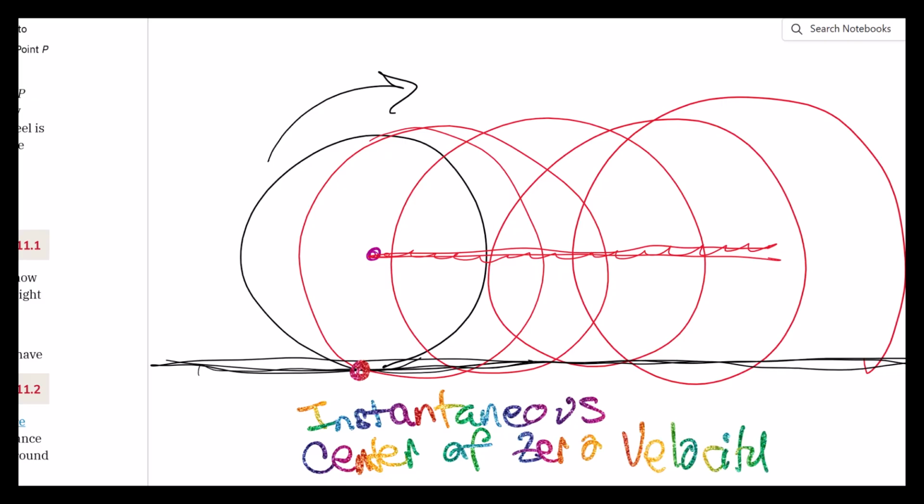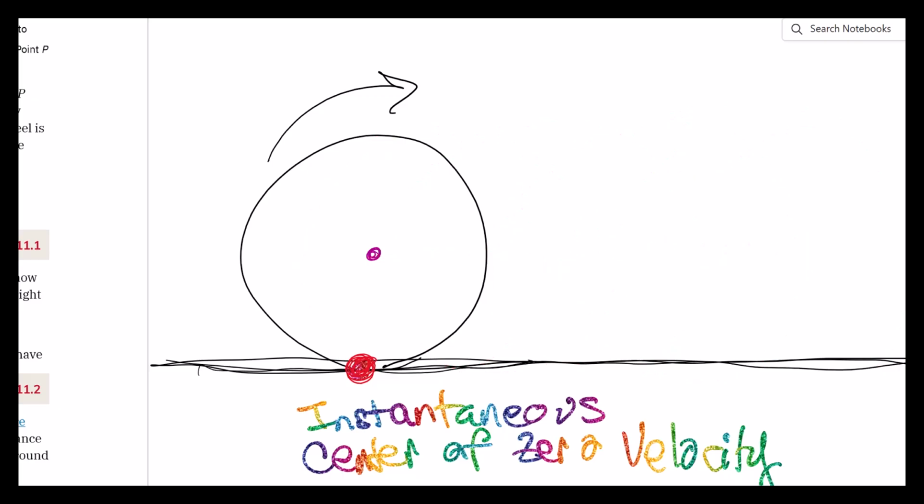So in theory, at every time that the wheel is rolling without slipping, this little point on the ground has no velocity. And so the farther away you get from that instantaneous center of zero velocity, the faster the points have to go to get around. So, for example, this point here has to go like this fast, but this point has to go twice as fast. Make sense? To keep going around in circles.